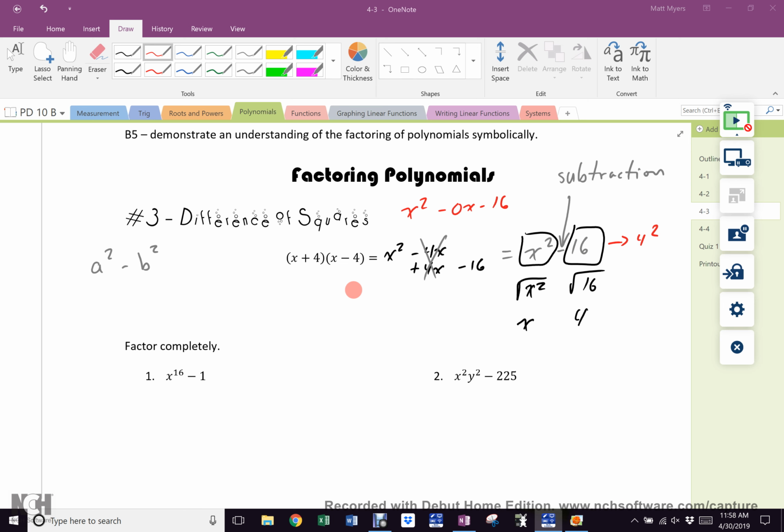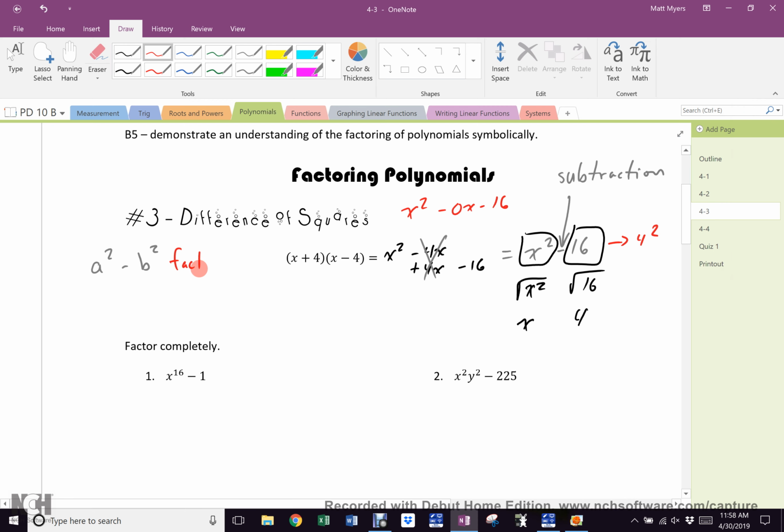Okay. So a squared minus b squared works for us, right? And the answer, when you factor it, is always the square root of a plus the square root of b, and then the exact same thing with a minus sign.